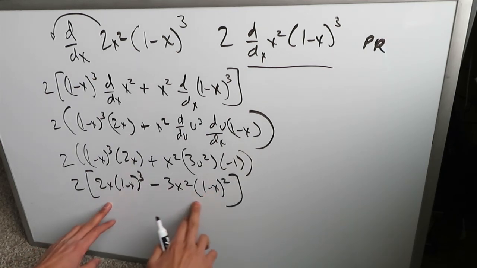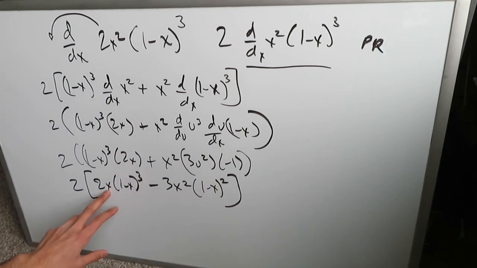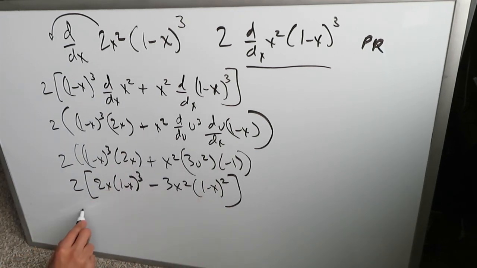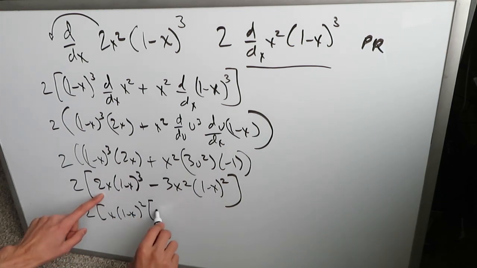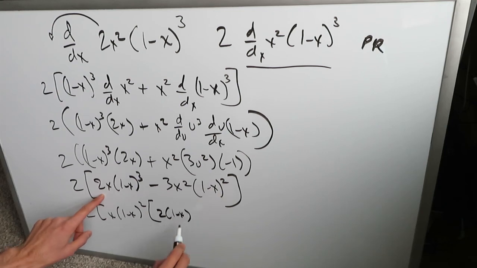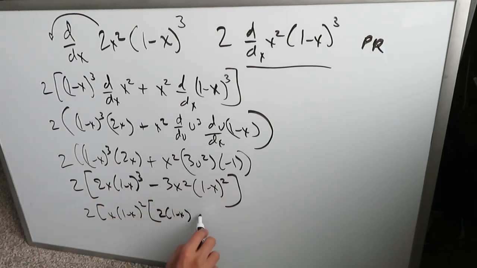Now look over here. We can bring out common terms. The common terms we can bring out are x and 1 minus x. Look, 2 times, I'm bringing out an x and a 1 minus x. Between these two, the common term is 1 minus x whole square. This goes in here 2 into 1 minus x times, and this goes in all of this, minus 3x times.